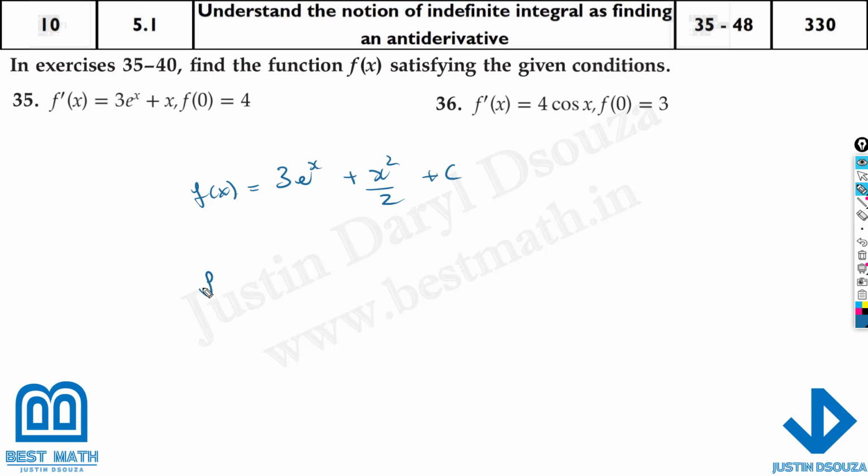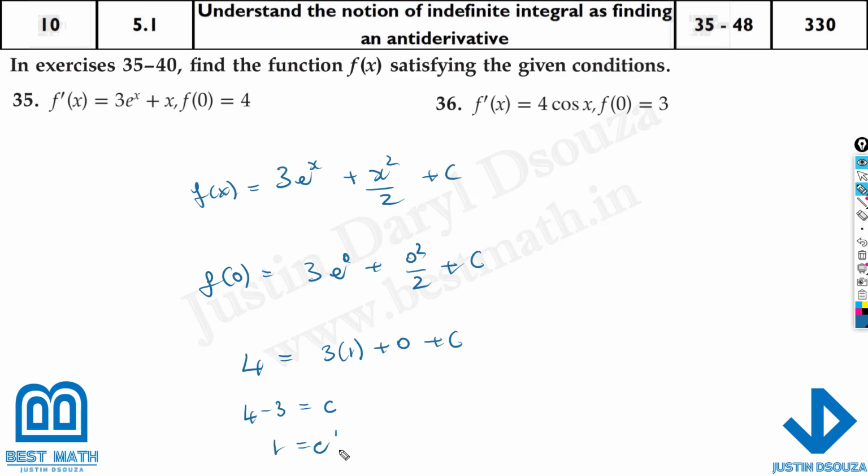If we consider all the x values to be 0, it will be 3e to the power 0 plus 0 squared by 2 plus c. What is the f of 0 value? It is 4. That means we have 3 into e to the power 0 is 1, plus 0, plus c. This is 3. So let's take 3 to the other side. It will be 4 minus 3 is equal to c, or 1 is equal to c.